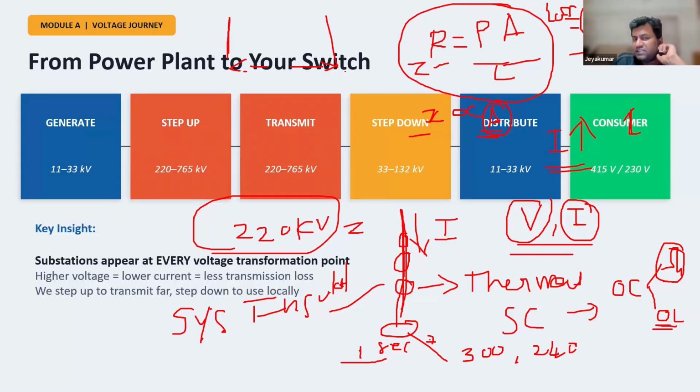That is insulation, right? The voltage you are putting in decides the equipment insulation, or the basic insulation level of the equipment. Everything will be decided based on your system voltage only. This is very important. Current impacts the conductor cross section or thermal ability of the conductor. Your system voltage impacts the insulation of the system.